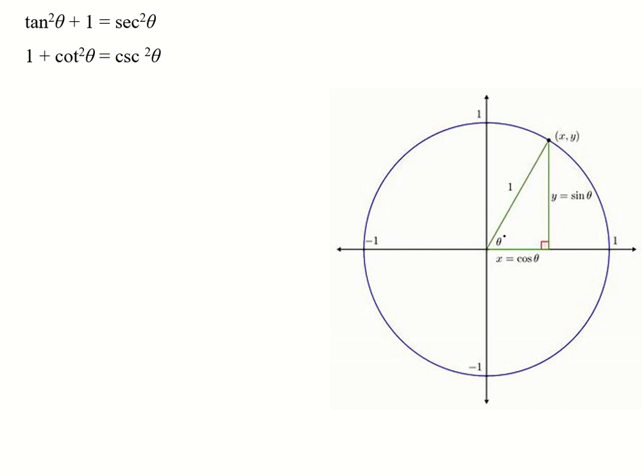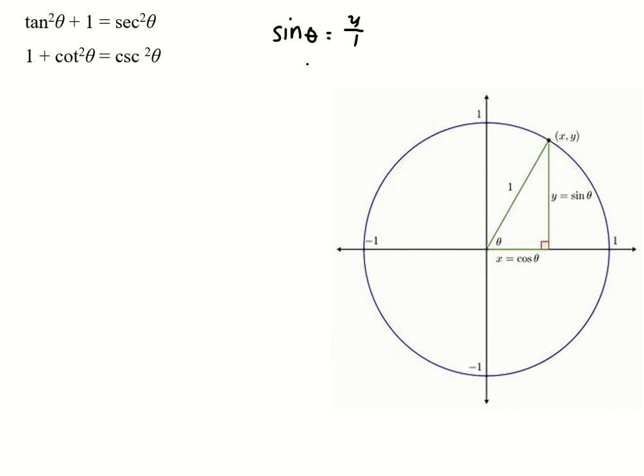And any angle formed by a right triangle here can be called theta. And we know that sine theta is equal to the ratio of the opposite side to its hypotenuse, which is 1. So sine theta is equal to y over 1.